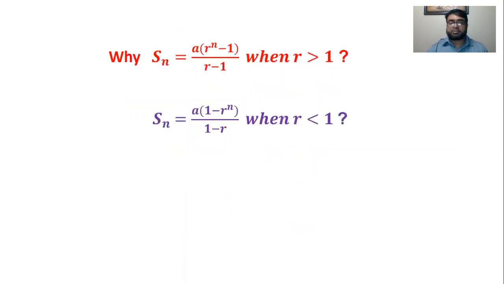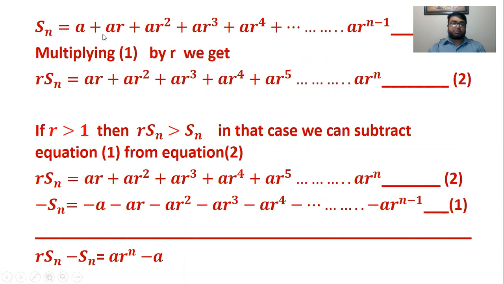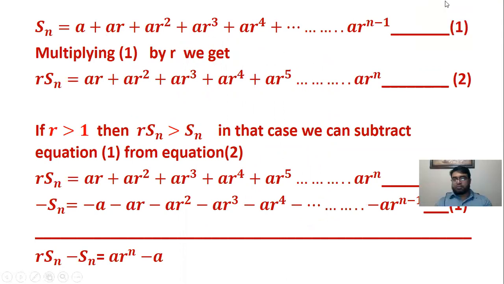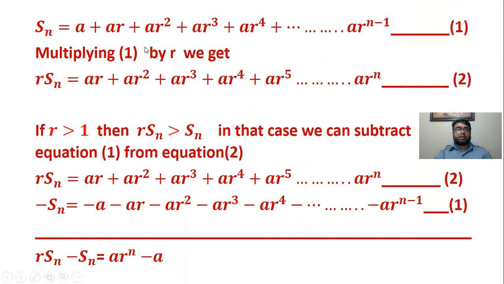Now why is the summation of this series a(r to the power n minus 1) by r minus 1 when r is more than 1, or the other formula? Sn means, as I told you before, that we are going to add up the terms starting from the first term. So a plus ar, ar squared, ar cubed, ar to the power 4, lastly ar to the power n minus 1.